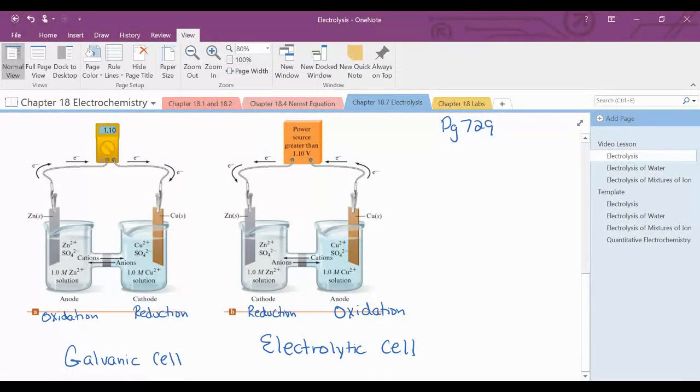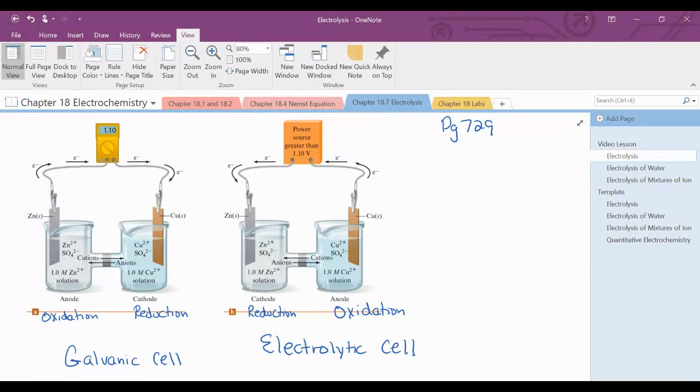So if we look at our two cells, the one on the left we've drawn before, the one on the right is new, but both have an anode and a cathode. Both contain ions in solution. These are both zinc sulfate and copper 2 sulfate solutions. They both contain metal electrodes.